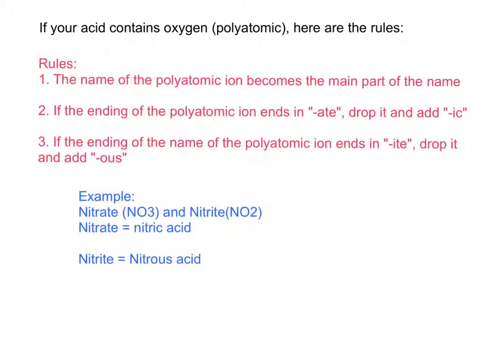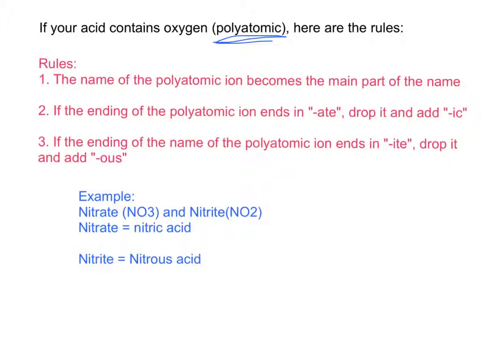Now, if we have a polyatomic ion, and we always can tell polyatomics because we know they have lots of oxygens, the name of the polyatomic ion becomes the main part of the name. If the ending of the polyatomic ion ends in ATE, drop it and add IC as we were talking about. If the ending of the name of the polyatomic ends in ITE, drop it and add OUS.